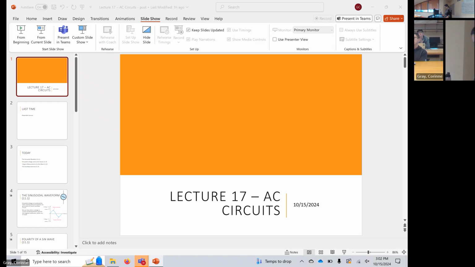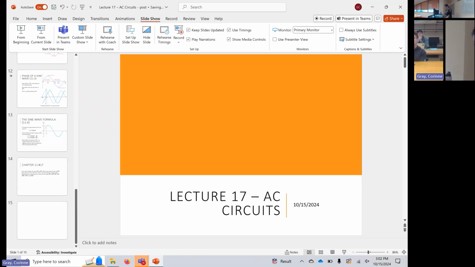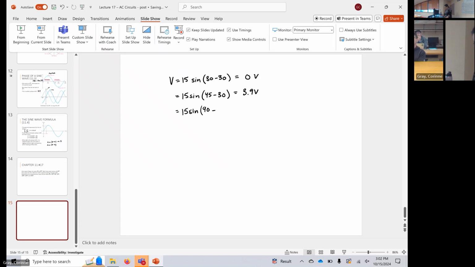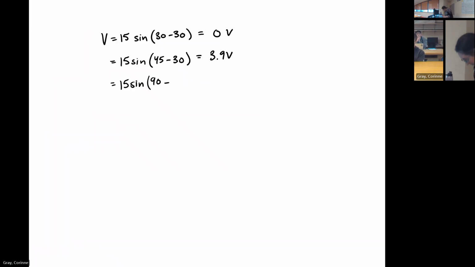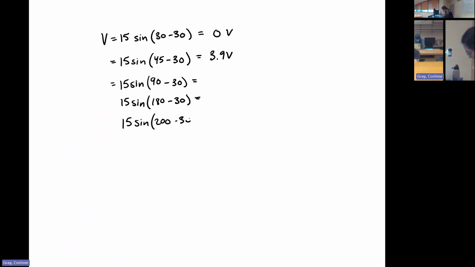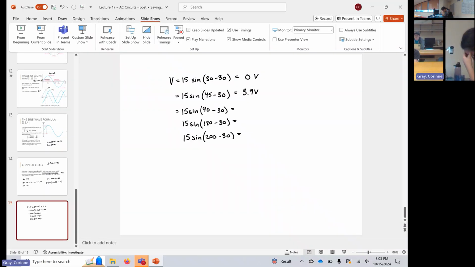Right, we'll have 15 sine 90 minus 30, 15 sine 180 minus 30, 15 sine 200 minus 30, and I'm going to add a new slide here so I stop canceling the slideshow.